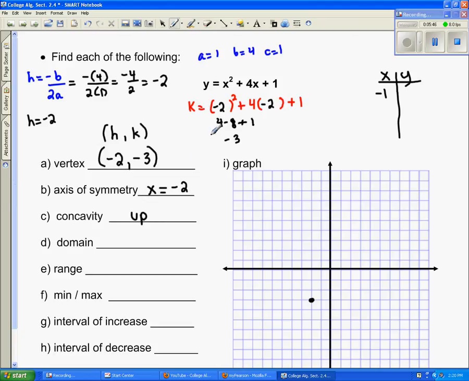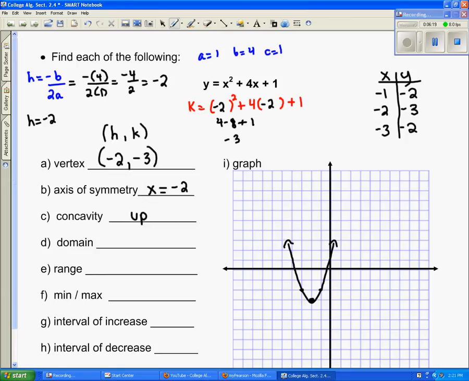If I plug negative 1 in everywhere x was and solve, I would get negative 2. If I plugged negative 2 in, like we did here, our answer was negative 3. And if I picked an x value of negative 3 and substituted it in here and did the math, I would get negative 2. So I'm going to sketch all those ordered pairs up there and draw a rough sketch of my parabola.